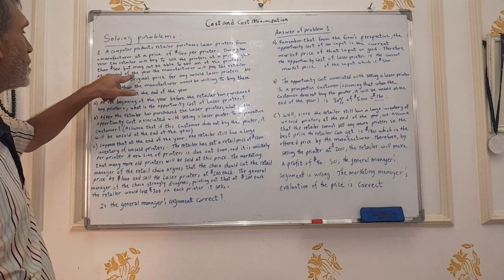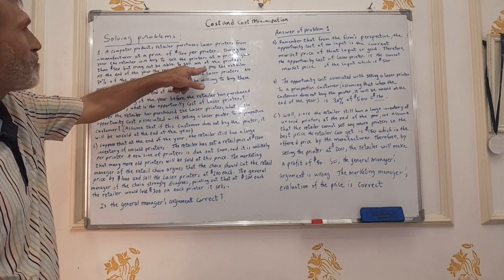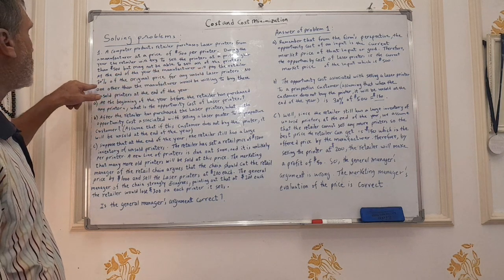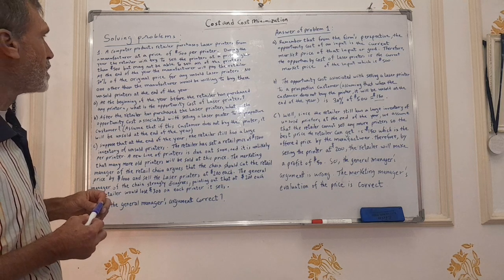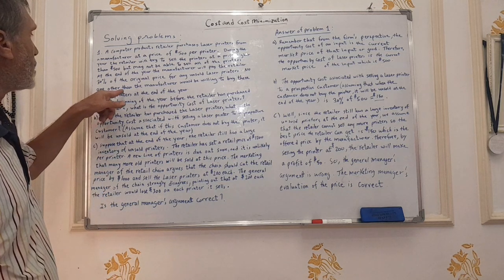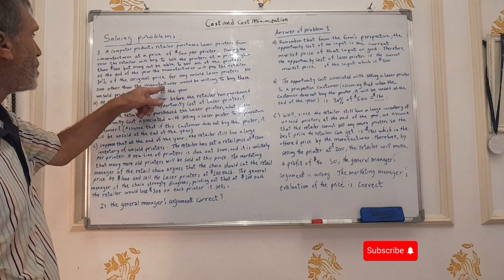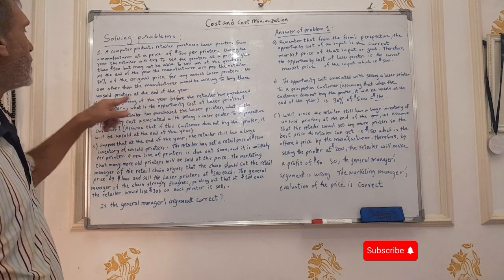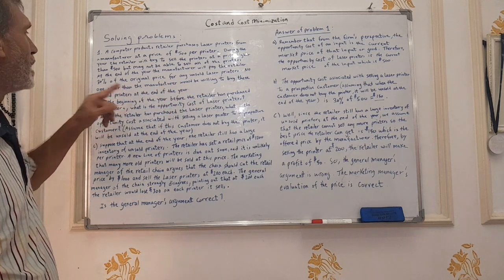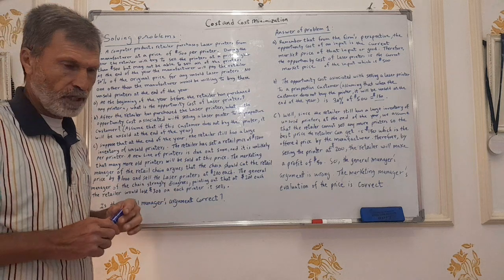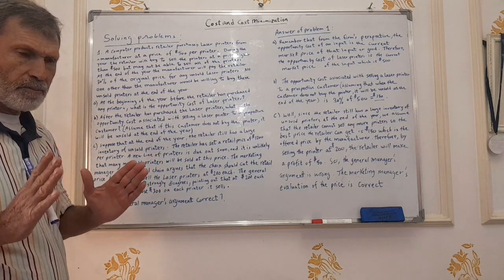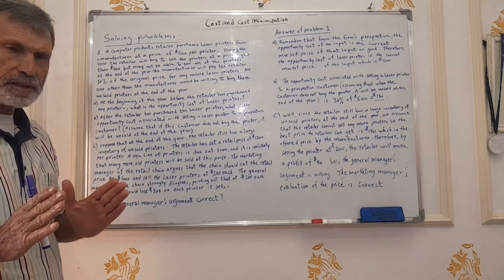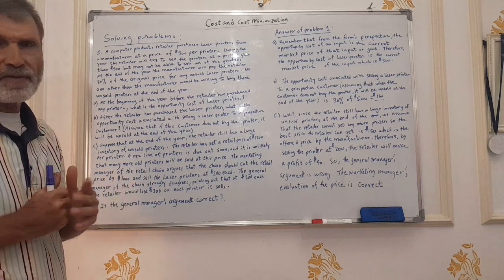Now, at the end of the year, the manufacturer will pay the retailer 30% of the original price for any unsold laser printers. No one other than the manufacturer would be willing to buy these unsold printers at the end of the year. So here, a retailer buys laser printers at a price of $500.